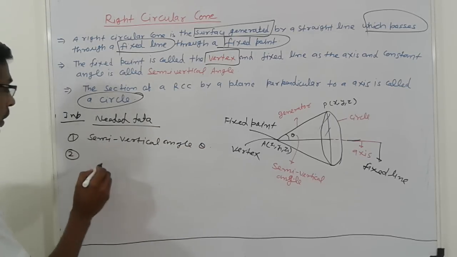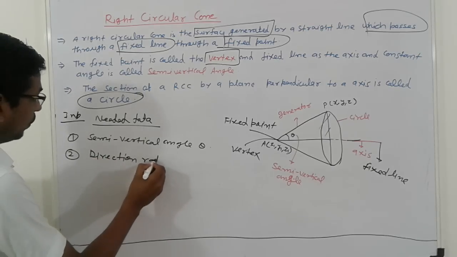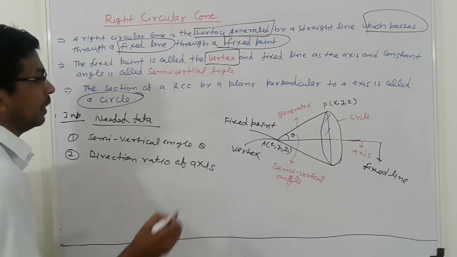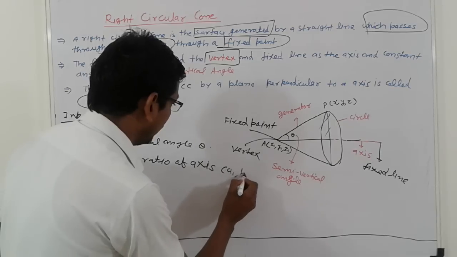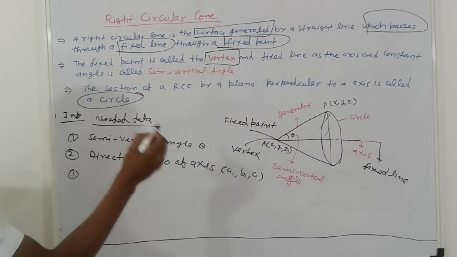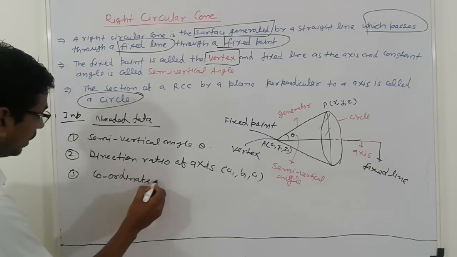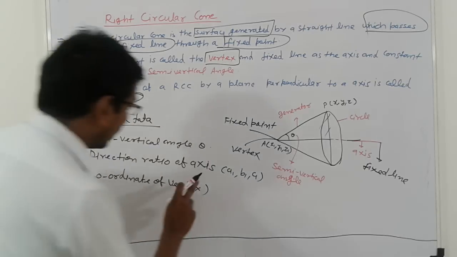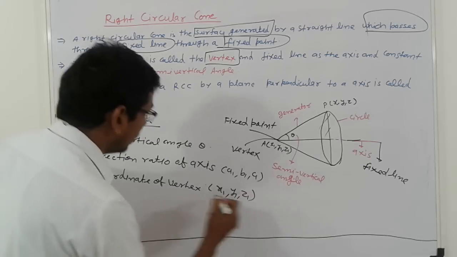Second, the direction ratio of the axis is important. Suppose I consider the direction ratio of the axis to be A1, B1 and C1. And third, the coordinates of the vertex. Suppose I consider them to be x1, y1 and z1.